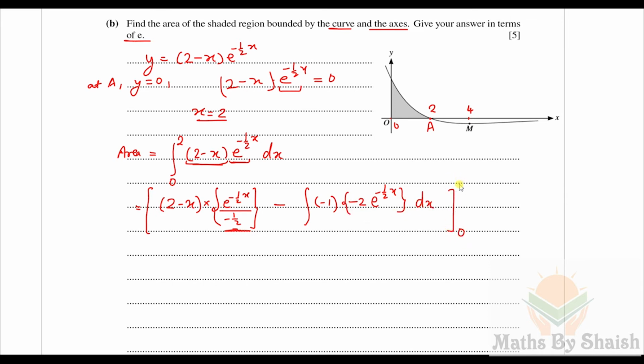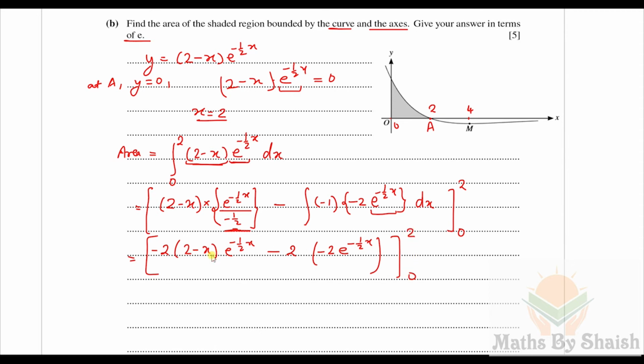So it becomes minus 2 into (2 minus x) into e raised to the power minus 1 by 2 x, and here minus minus is plus, so it becomes minus the integration of the whole thing, the integration of this again, and we have the integration of this as minus 2, so I'll write it as minus 2 e raised to the power minus half x, and the limit 0 to 2.